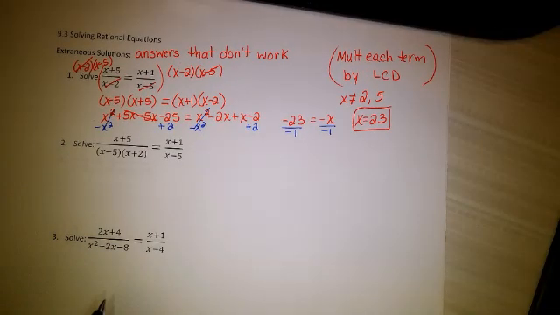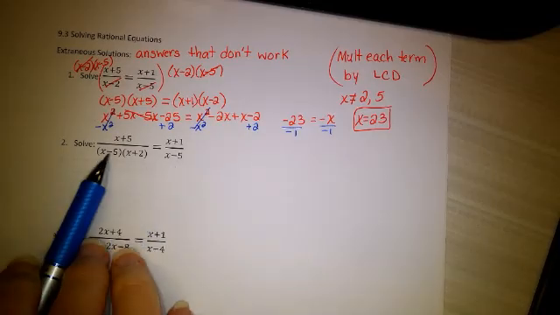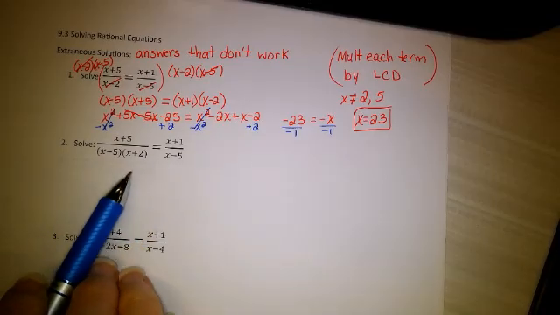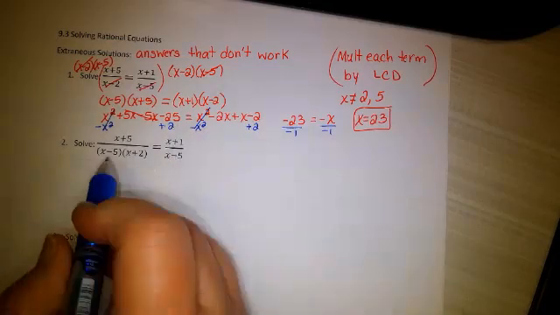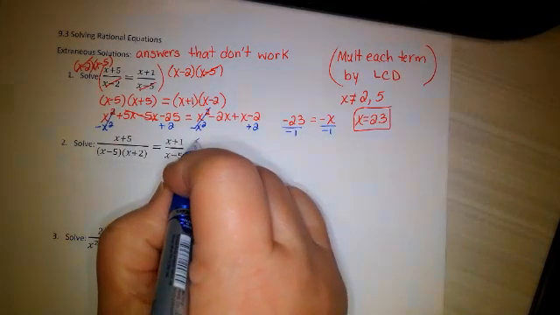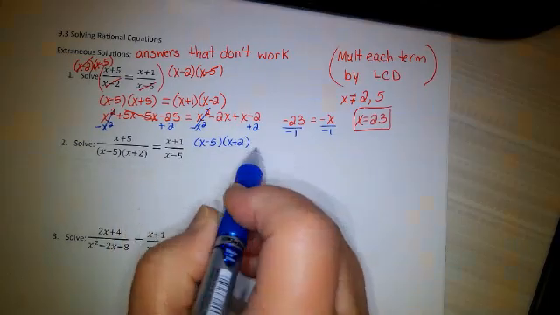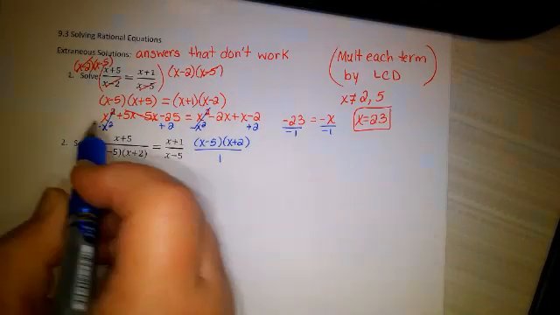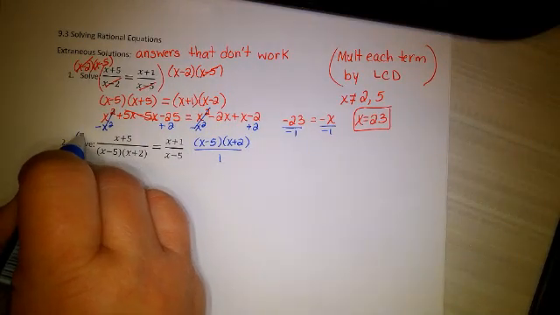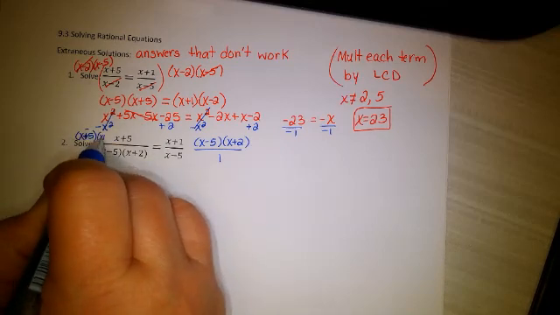Okay, let's solve another. If I look at these two fractions, I notice that my common denominator is going to be x minus 5, x plus 2. So if I multiply by x minus 5, x plus 2, and over here I'm going to multiply by x minus 5, x plus 2.